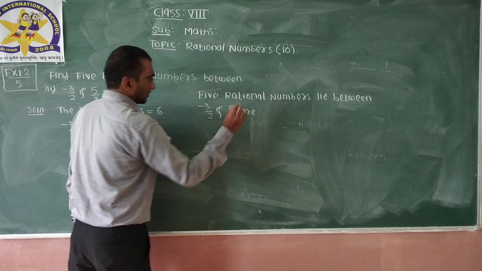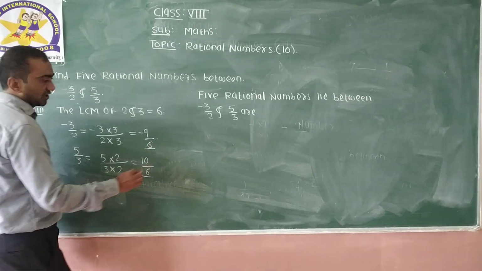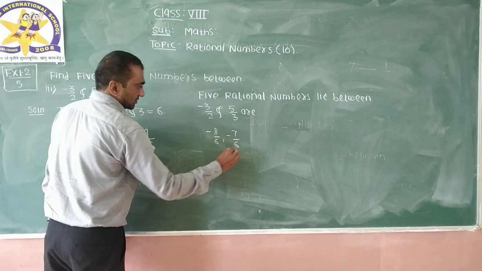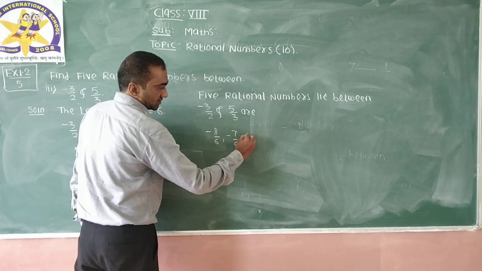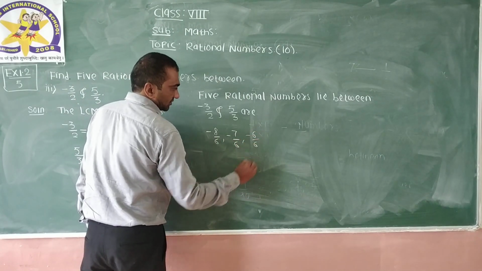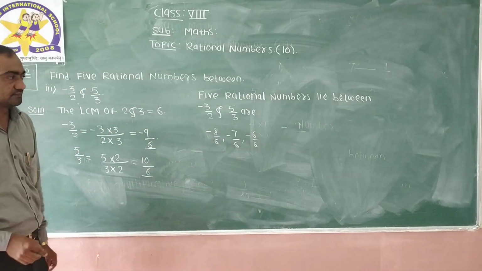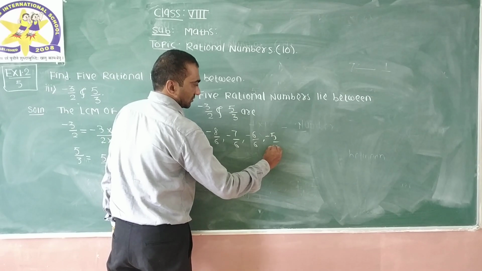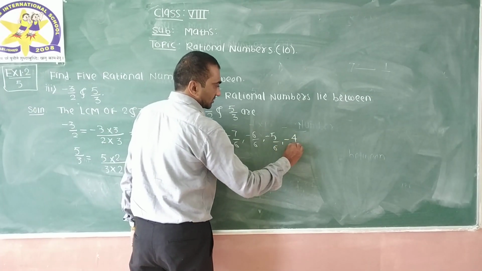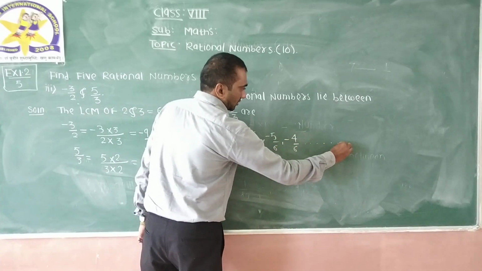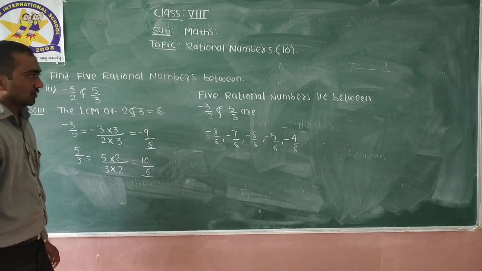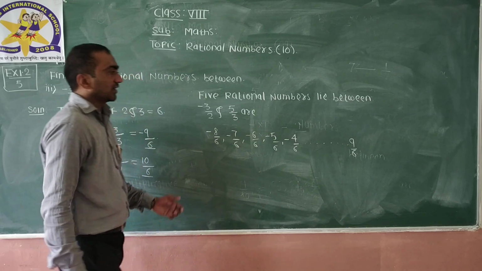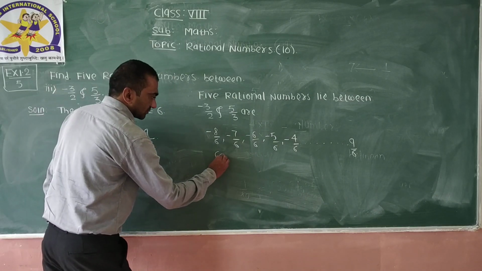Our first rational number will be minus 8 by 6, minus 7 by 6, minus 6 by 6, that is equal to minus 1, minus 5 by 6, minus 4 by 6, and so on up to 9 by 6. Okay, it can be any of these.